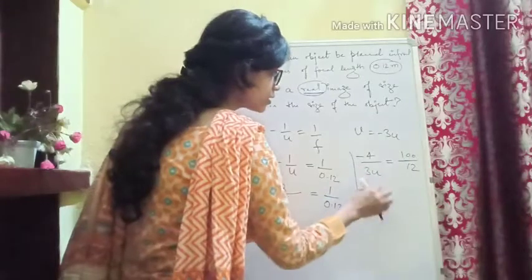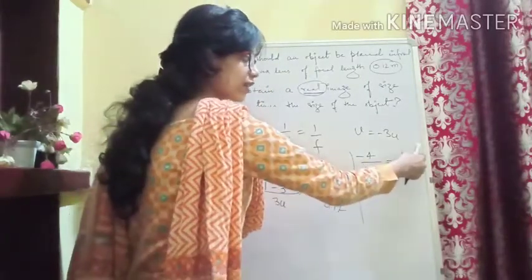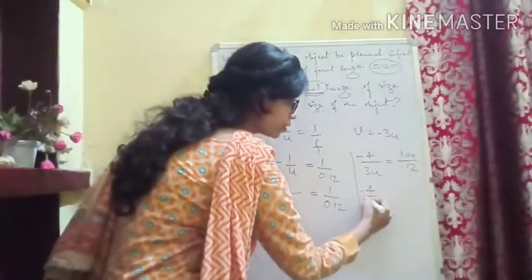Now U is in divide, so I am taking this U to that side and all this to this side. So minus 4 upon 3 as it is.